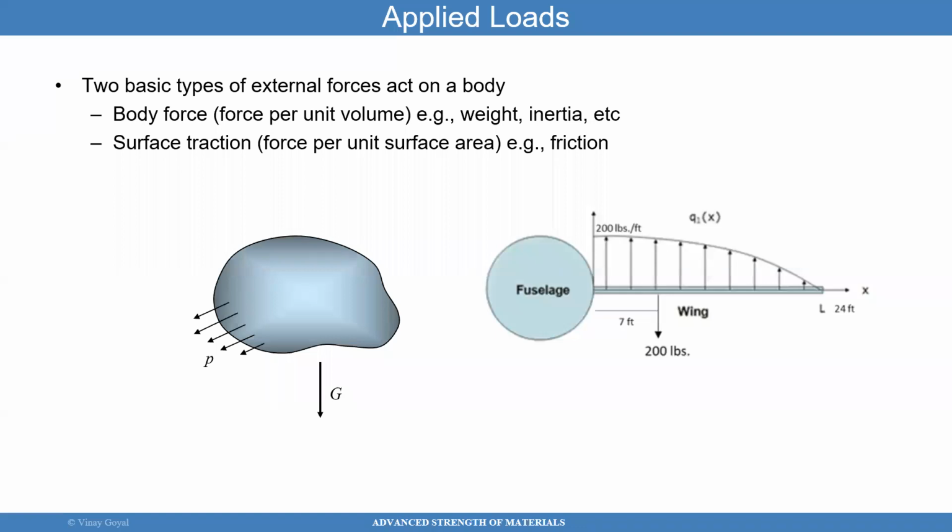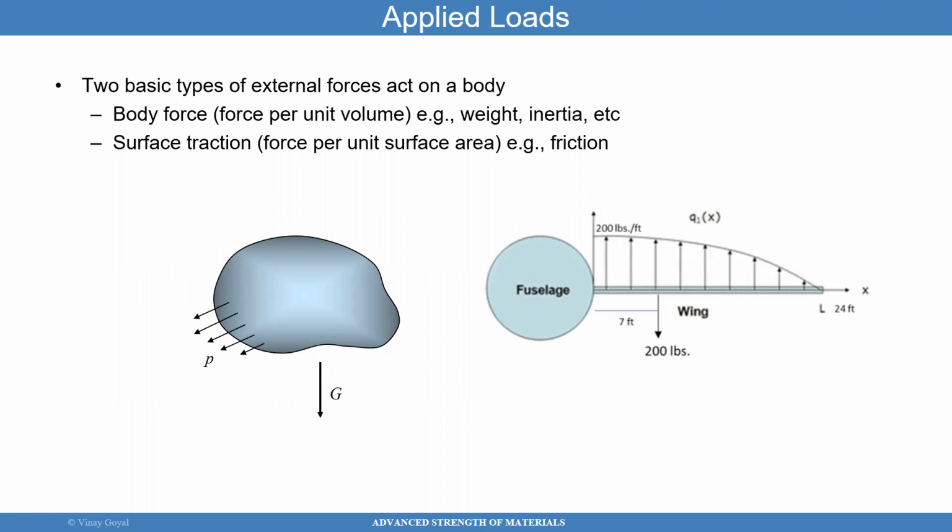And that body force acts in every point of the body in such a way that it produces a total force that's effective, and it can be acting in a particular direction. This particular body force tends to be a force per unit volume because it acts at every point in the body. Types of body forces include weight and inertia.